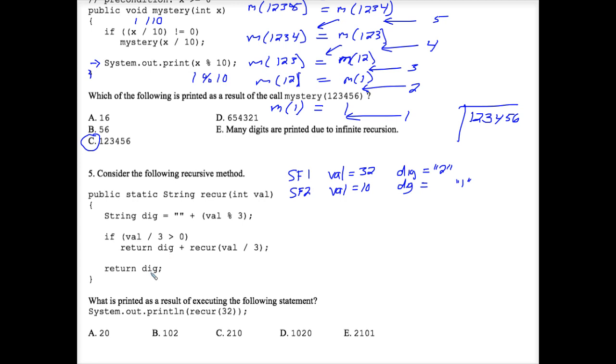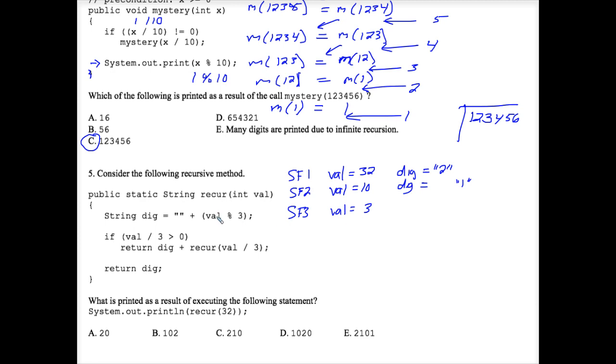And a 1 eventually will be returned, but we're not there yet until we call recur in stack frame 3, where val is whatever val was divided by 3. Well, what's 10 divided by 3? 3 point something, and the point something gets chopped away. So val is 3 in this stack frame.